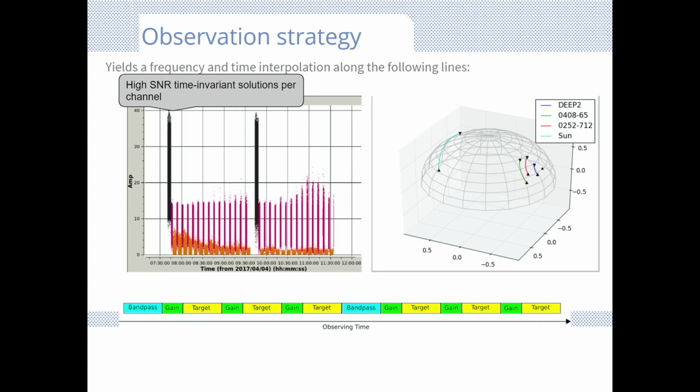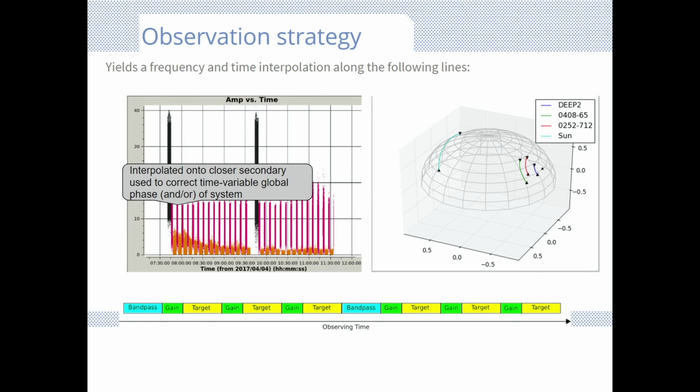Okay, so remember that we said the highest signal to noise necessary is that needed for the bandpass, where we take that solution that we just derived and interpolate it onto our secondary calibrator, right, to correct for the frequency structure of the instrument, and then we solve for the temporal variations induced on the signal.